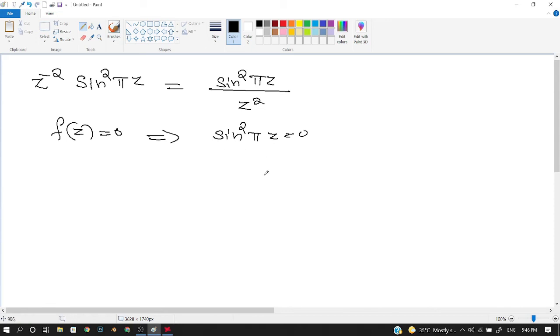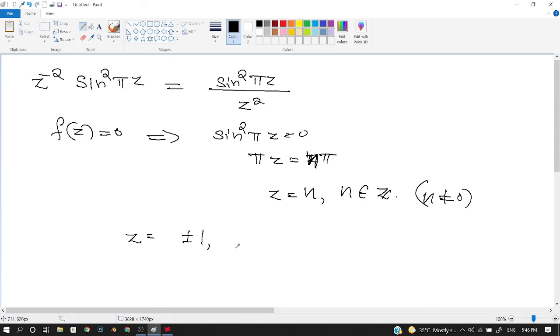That means sine pi z equal to 0. That means pi z is equal to n pi. That means z is equal to n, where n belongs to Z. Here n is not equal to 0. So we have z equal to plus or minus 1, plus or minus 2, etc. are zeros of order 2.